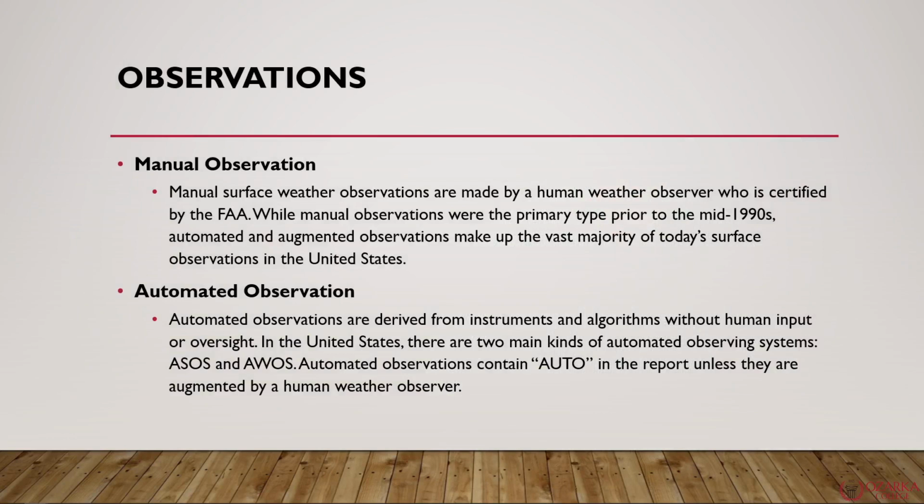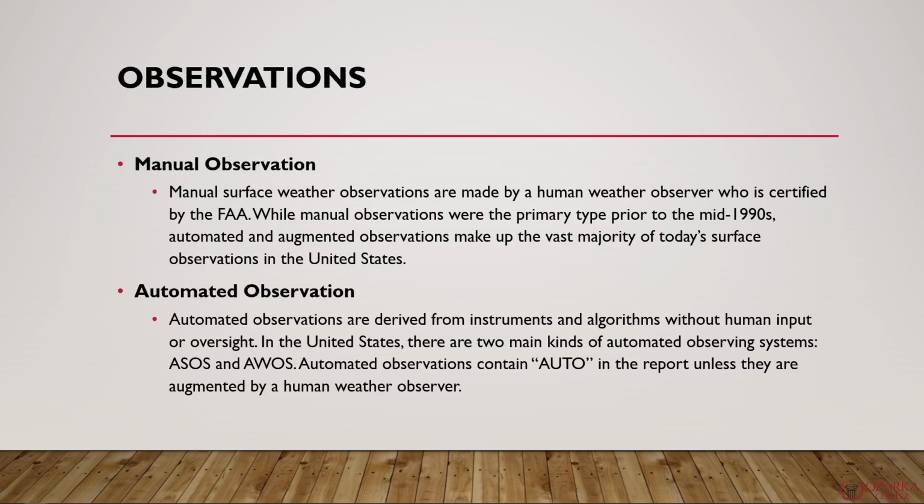Manual surface weather observations are made by human weather observers who are certified by the FAA. While manual observations were the primary type prior to the mid-1990s, automated and augmented observations make up a vast majority of today's surface observations in the United States.